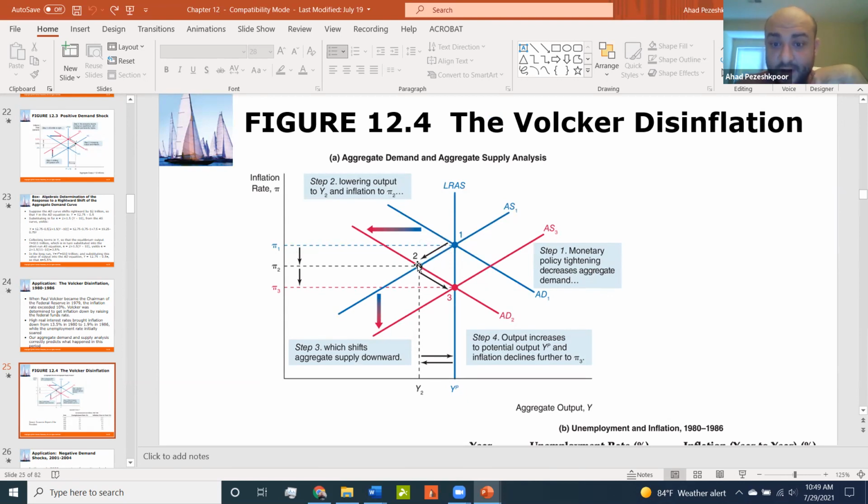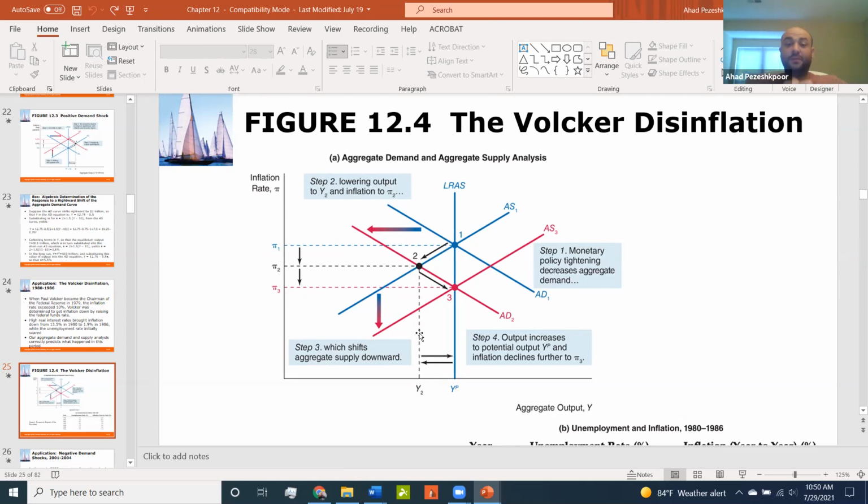But then aggregate supply will respond. It would lower output, therefore, from Y potential to Y2, and your inflation rate is low. This low new inflation and lower output would then shift aggregate supply downward.